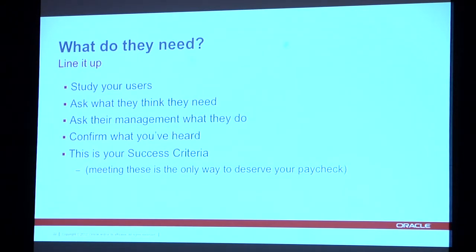Ask them what they think they need, ask their management what they think they need, and then confirm in reality what they're actually doing with it. Because depending on who you ask, they'll have a different set of requirements and a different set of things that they believe and use every day. Confirm what you heard by doing some checking. There are some good automation tools for that.